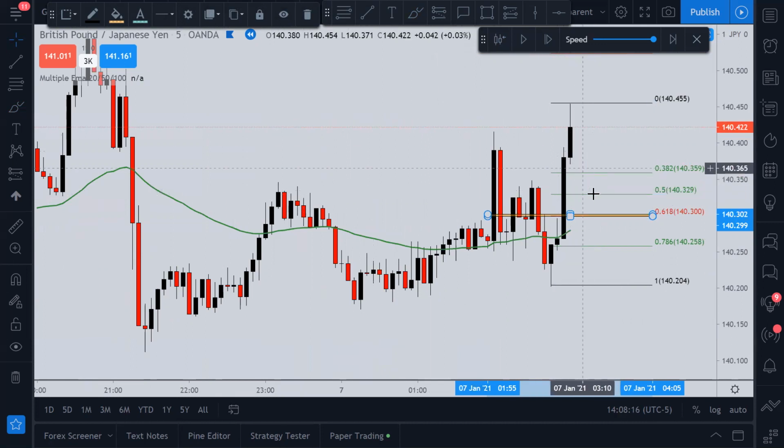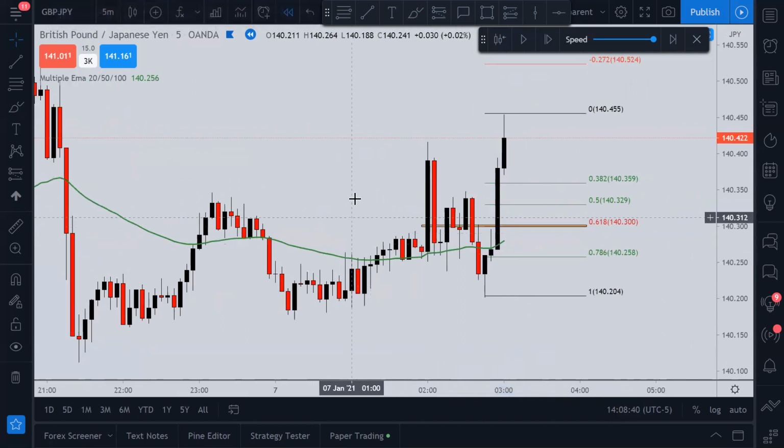I'm wondering if it'll come back to here, but then I look at the EMA. So price loves to try and retouch. Once it gets away from the EMA, once it stretches the market, it usually likes to come back and try and come near to touch, and to either touch or come near that EMA. So I'm inclined to pick that 618 retracement. I hope I explained that well.